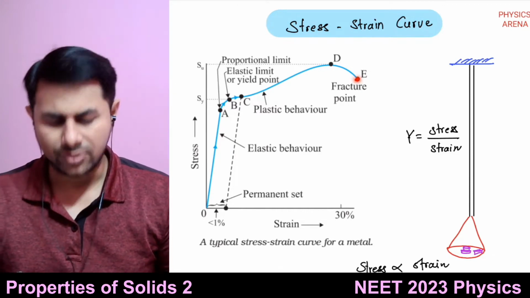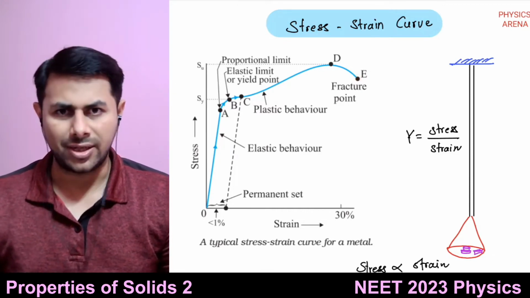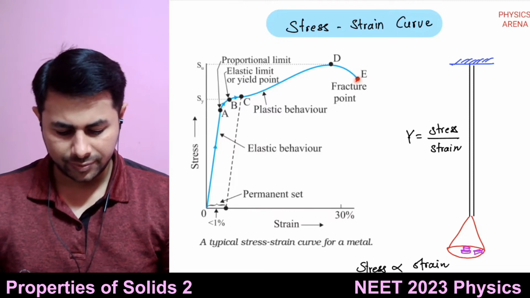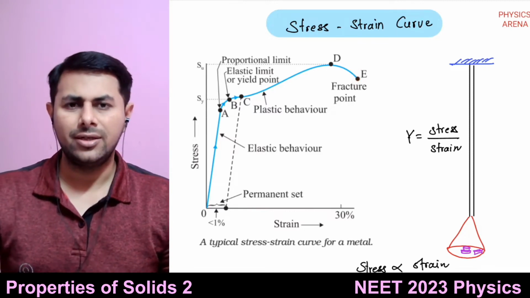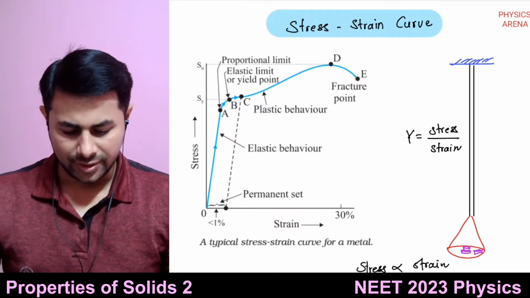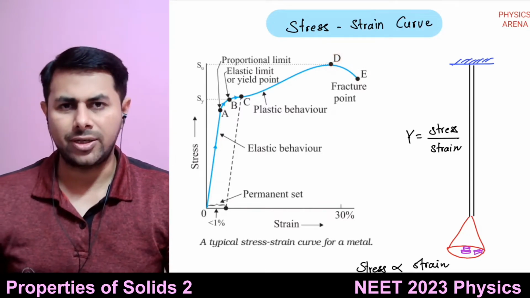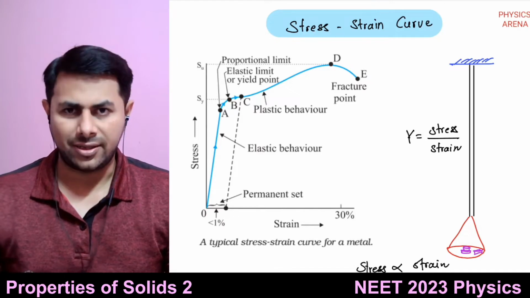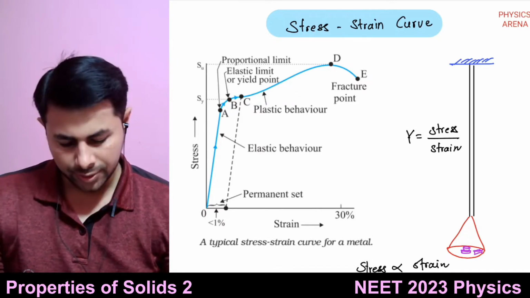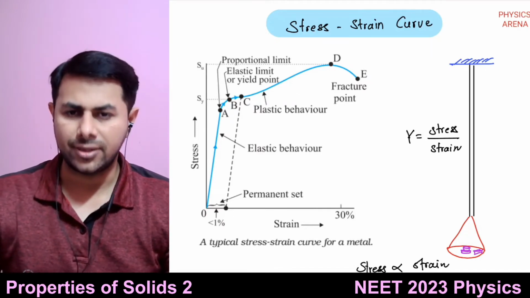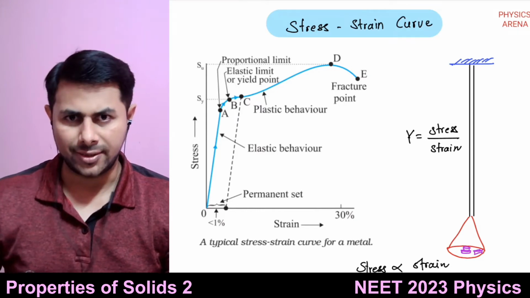That point is known as the fracture point on the graph. Right, so point D is the point corresponding to maximum tensile strength. This is how the stress versus strain curve for metals will look.